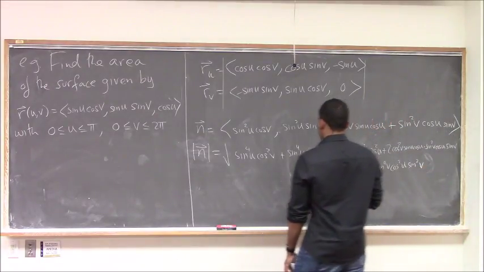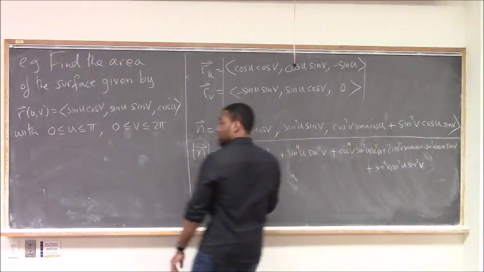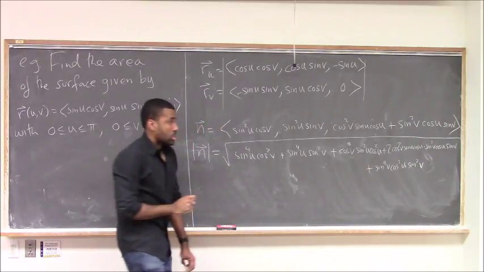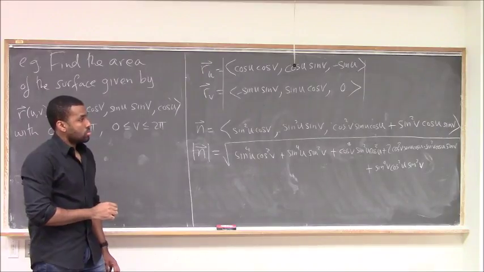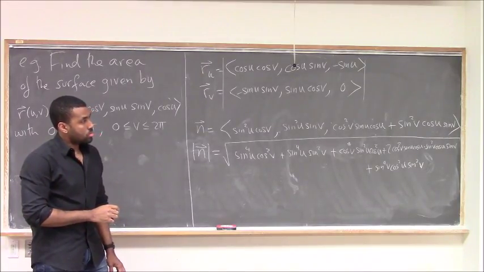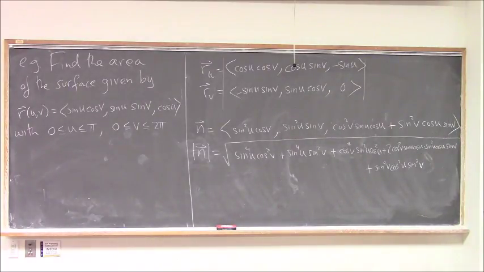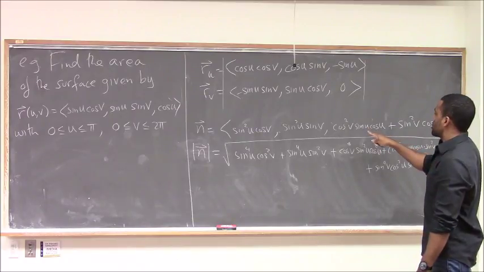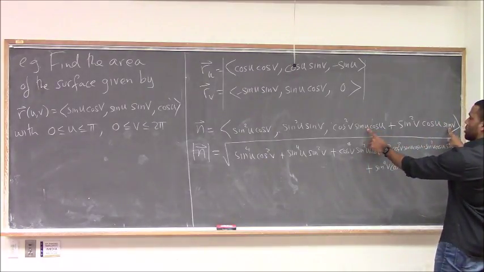Does it cancel out to 1 or something? Well, hopefully something will cancel here. Cosine squared v plus sine squared v. Is the last one sine v? I can't even tell. These are different variables, sine u and sine v?